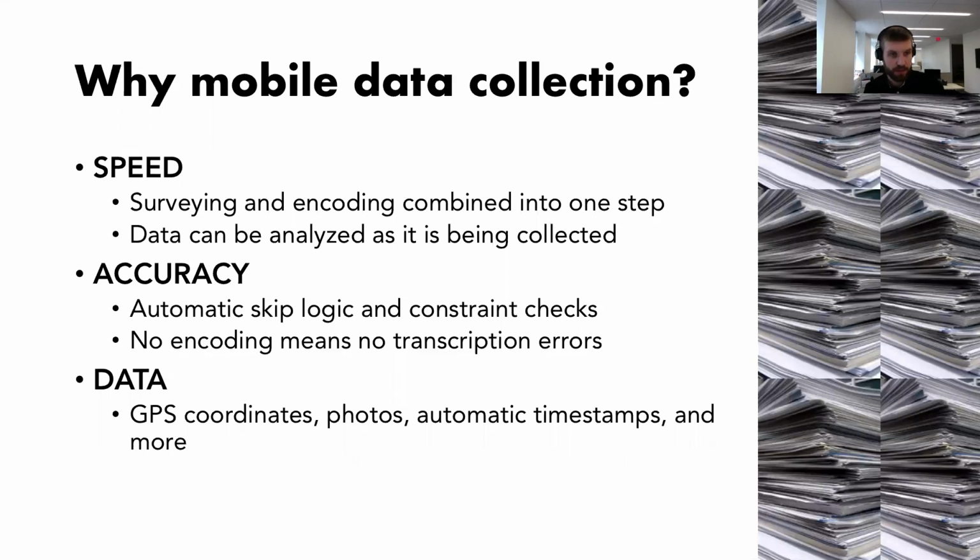There's no encoding, so there's no transcription errors. It's hard enough, I think, sometimes to read your own handwriting the next day. Sometimes I leave myself notes and have no idea what the note says. And so when somebody else especially has collected data on a paper form and you have to write down or type in what they've written, it can be quite hard to do so accurately, especially when it comes to numbers.